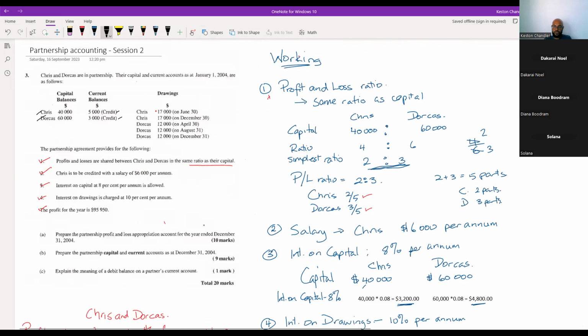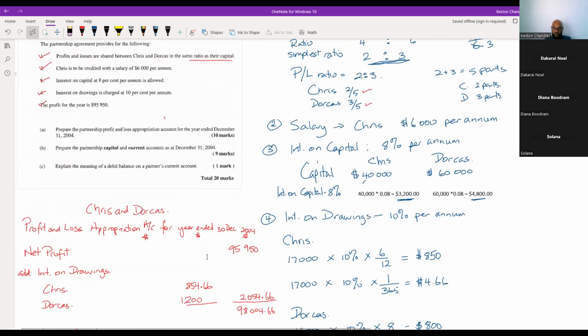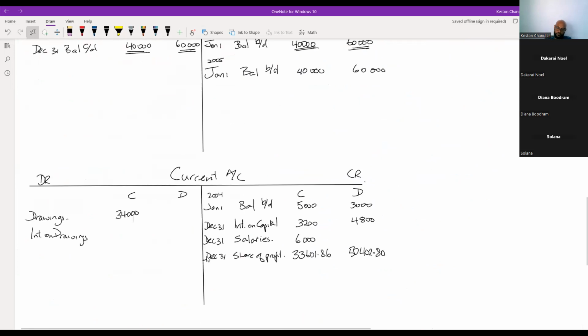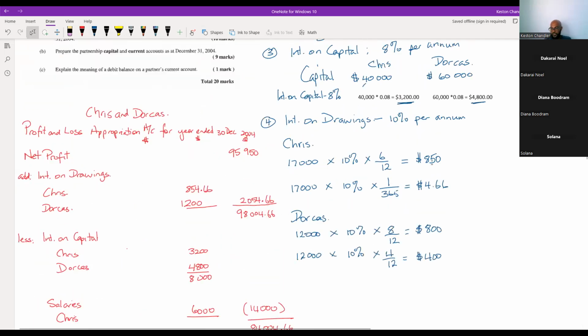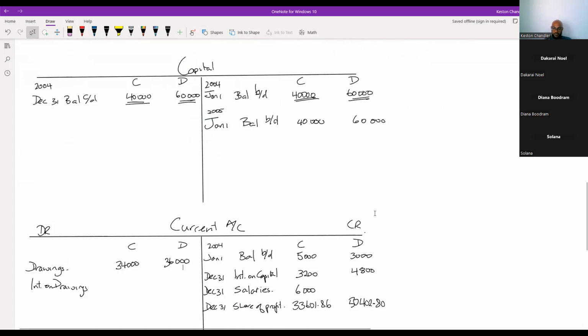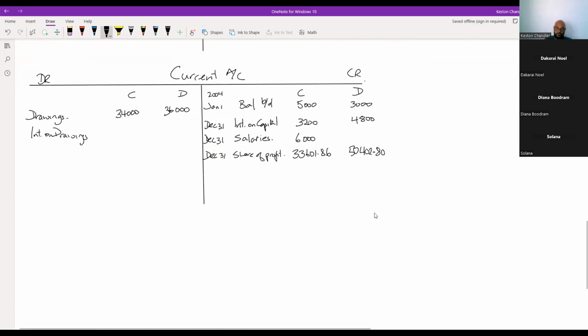And for Dorcas, he withdrew everything within the period because we're doing this as at the 31st of December 2004. So 12 and 12 and 12, that's 36,000. We did our working for interest on drawings. Here we have 854.66, and this other one was 1,200.